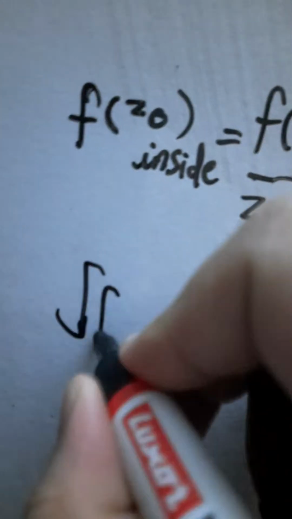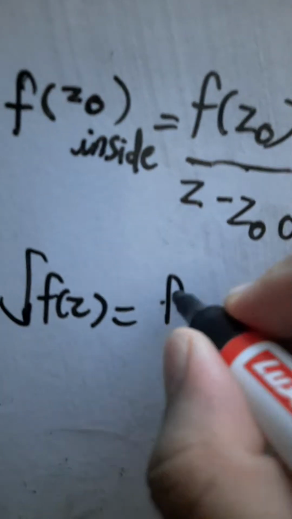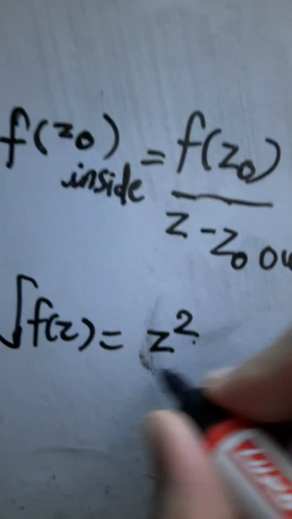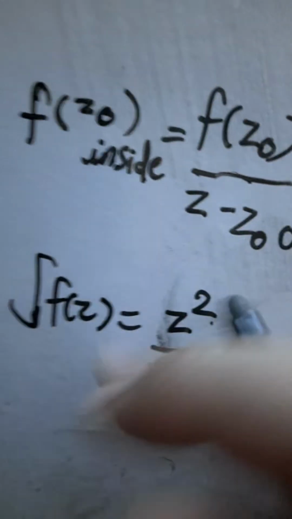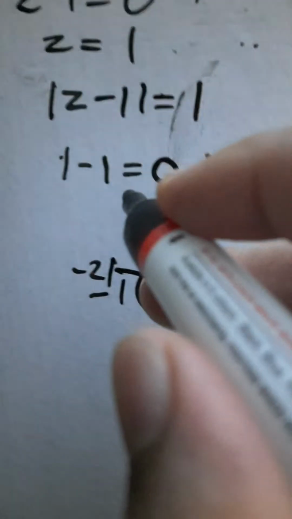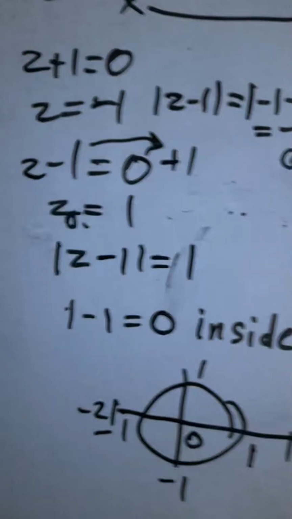Integration of f of z is equal to z square by, oh by the way, here our z naught is 1. Where is it? This is Z naught because it is inside. We found the Z naught point when taking the denominator equal to 0.